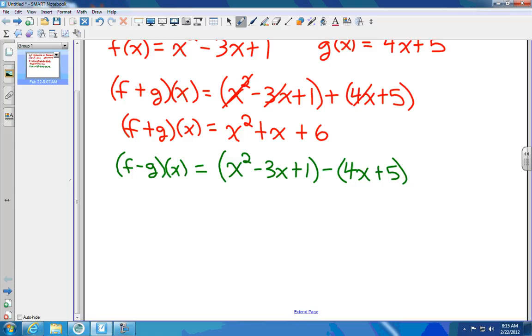Still have the x squared. And then we have negative 3x, and this time it's minus 4x, which would be negative 7x. And 1 minus 5 is minus 4.